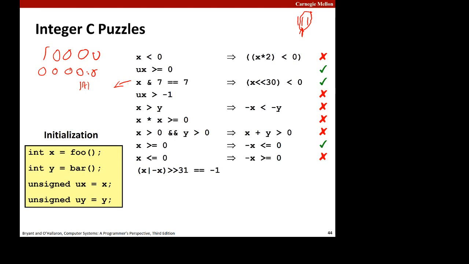This is really obscure. If I look at x and minus x and I OR those together and shift it right by 31, will that equal minus 1? This is arithmetic shift.